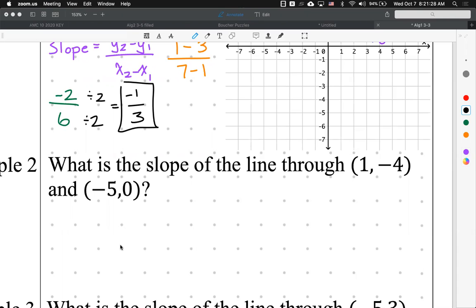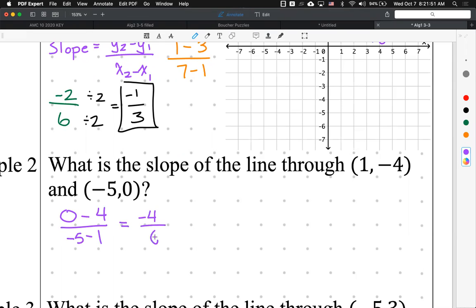Diego, go for it. So I first put 0 minus 4, with -5 minus 1. And I got -4/6, which simplifies to -2/3.